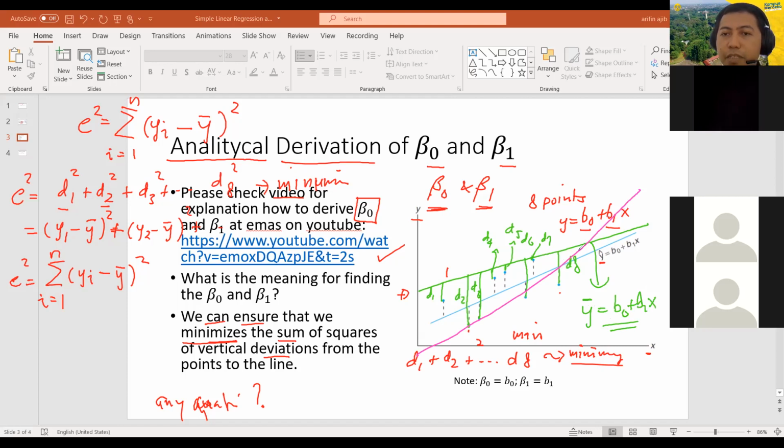Nah, kita mencari garis, apakah yang ungu, yang hijau, atau yang biru, yang deviasinya terhadap data-data ini paling minimum. Jadi dicari garis yang paling cocok buat semua poinnya, di mana nilainya jadi minimum. Iya. Oke, good. Alhamdulillah, saya senang kalau ada yang paham.